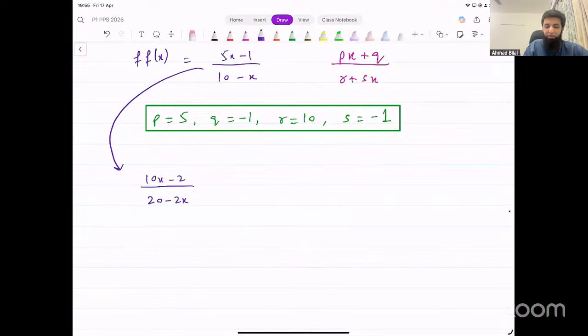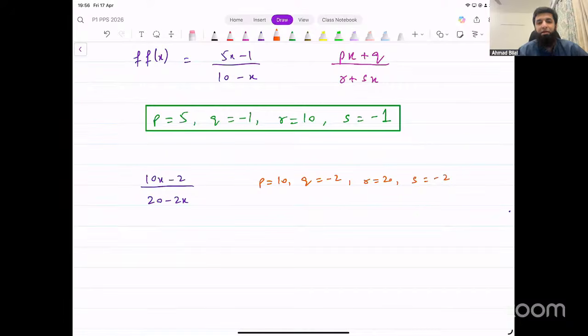So if I end up getting this fraction, I could say p is equal to 10, q is equal to -2, r is equal to 20, and s is equal to -2, and that will also be an acceptable answer. So if you write any acceptable answer, that will be correct.